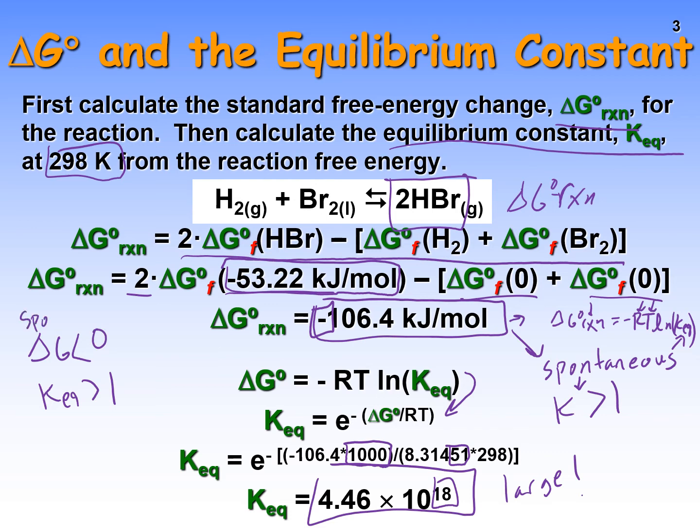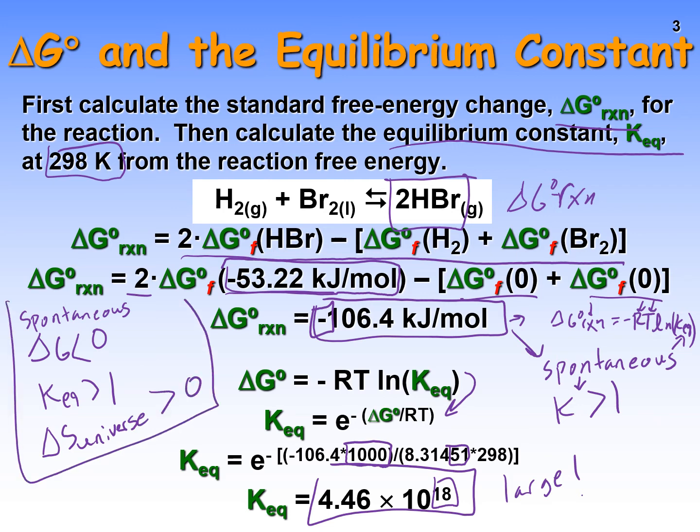These are all spontaneous. And lastly, delta S universe is greater than 0. These are the 3 conditions that we so far know that tell us that a reaction is spontaneous. So if one of them is true, the other 2 also have to be true.